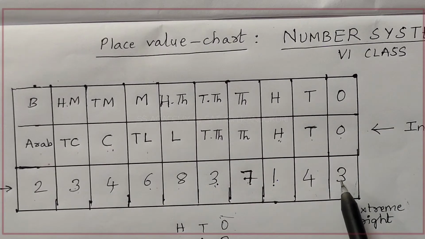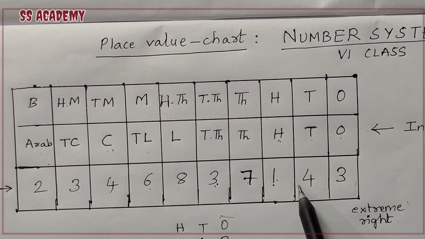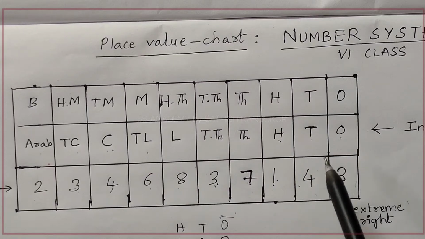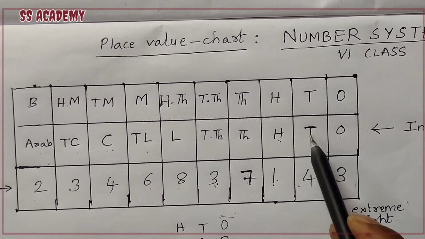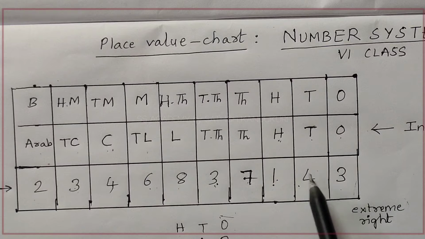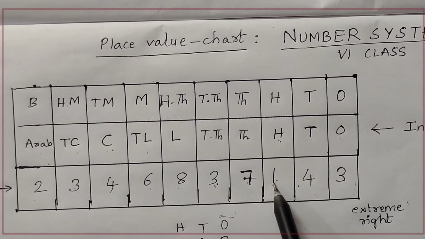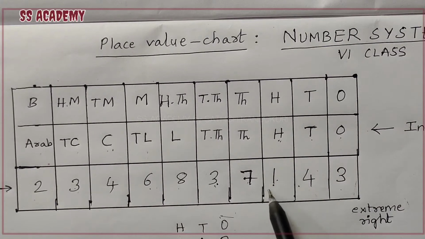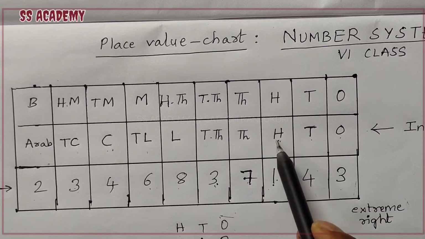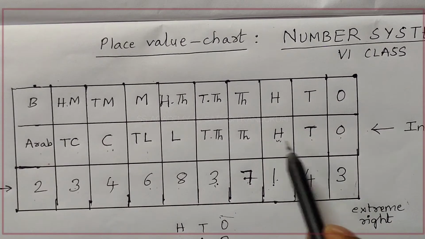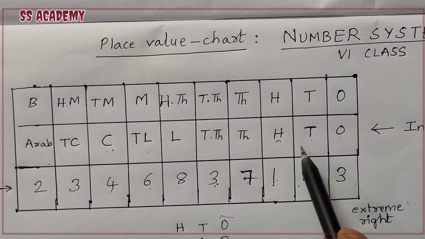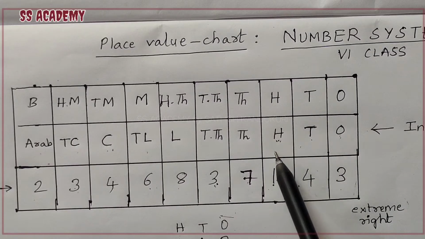The number on its left is 4, which is considered in tens place. After that, there is 1, which is considered in hundreds place. So far: ones, tens, hundreds.